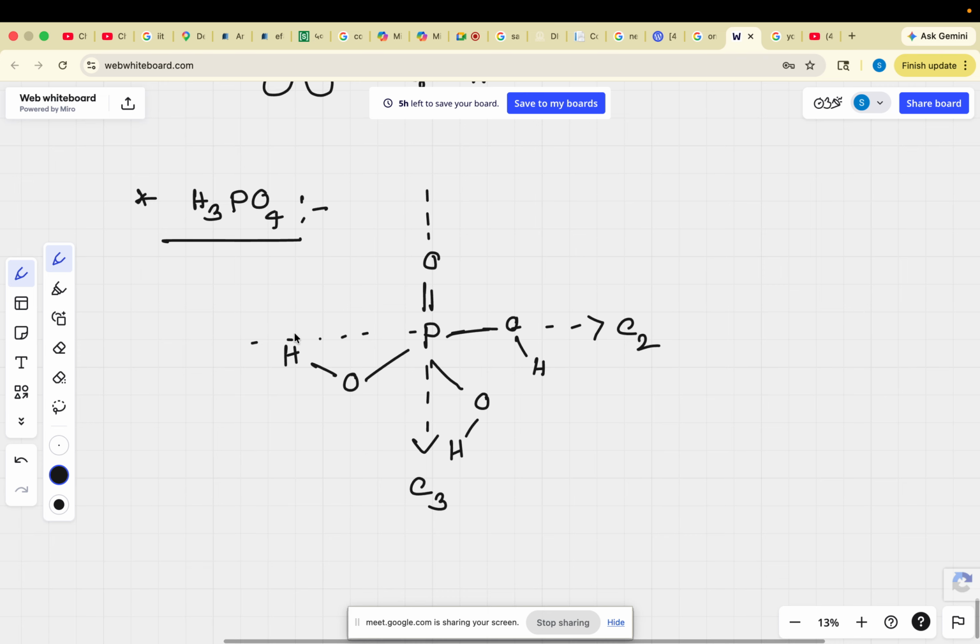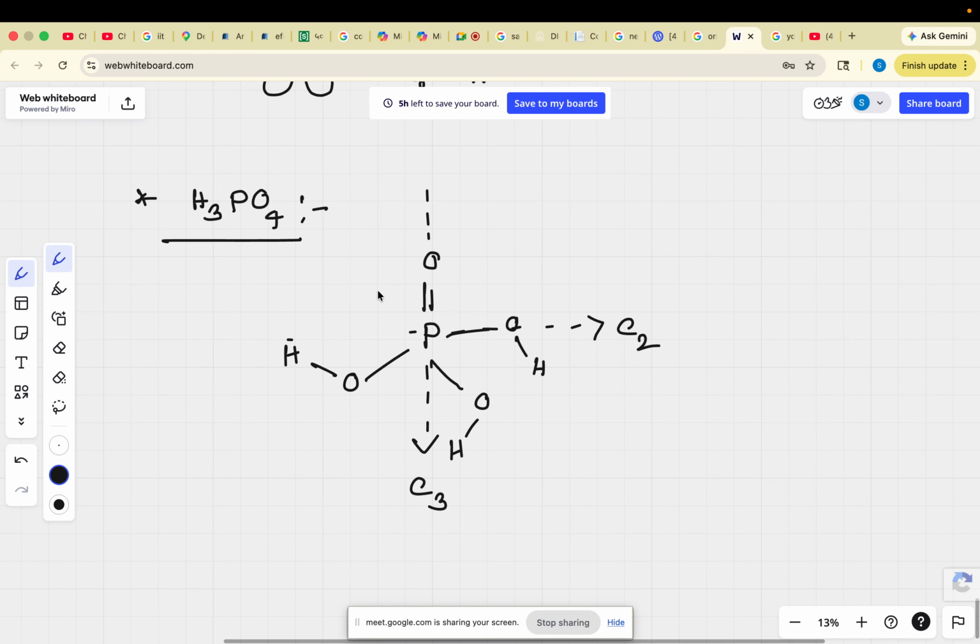Apart from C2, if I see sigma v, if I pass a plane through this oxygen, that time see this side you have OH, that side you have nothing, so sigma v is not present. You can pass one sigma v through this axis also.